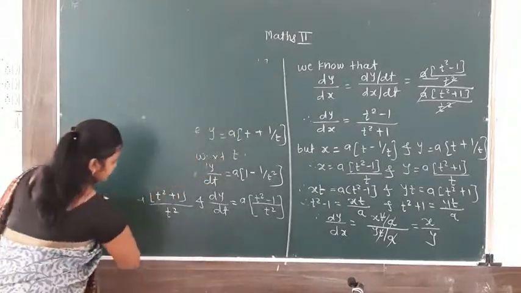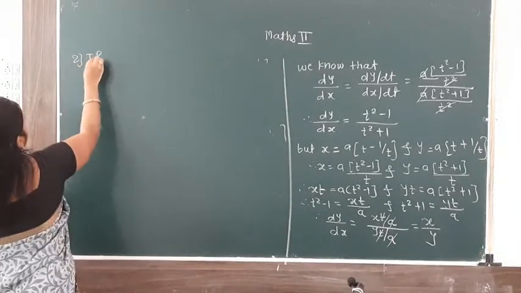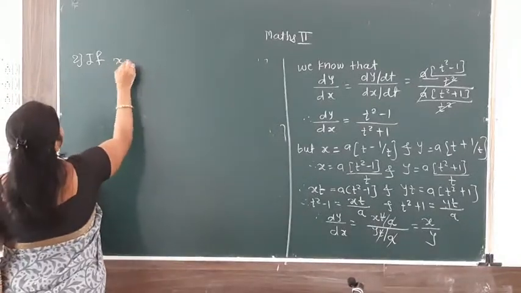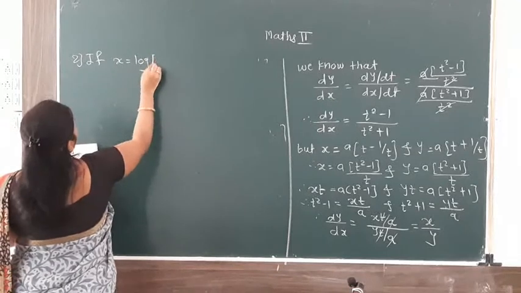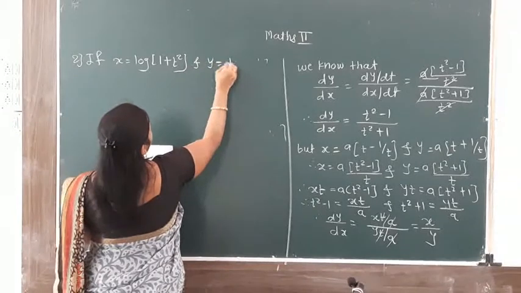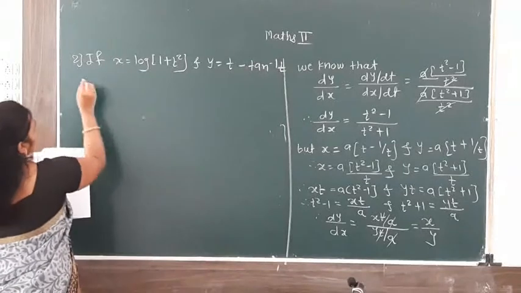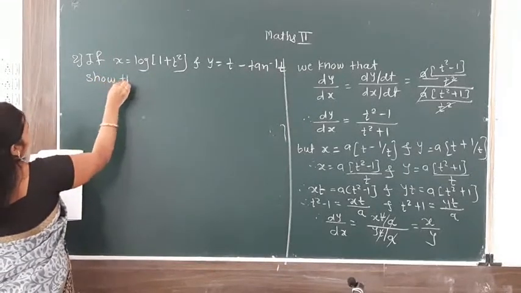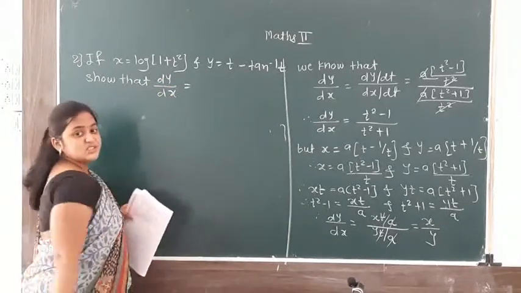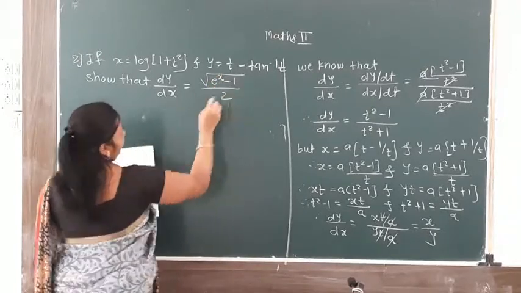Now the next example is: if x is equal to log of 1 plus t square and y is equal to t minus tan inverse of t, show that dy by dx is equal to square root of e raised to x minus 1 divided by 2.